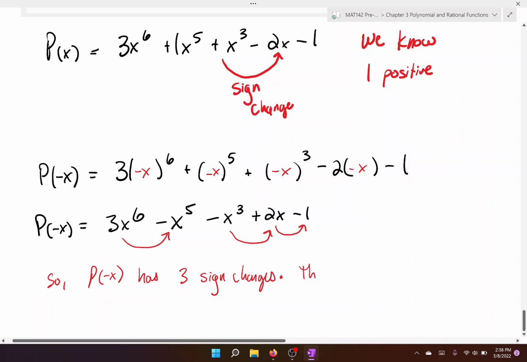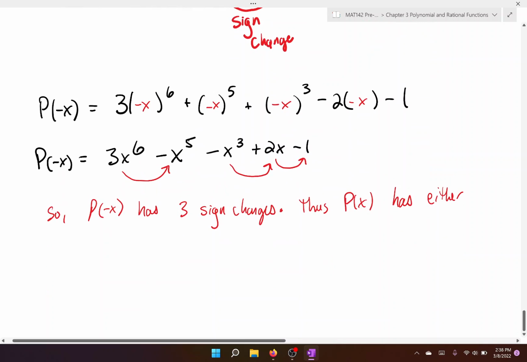All right, thus, p of x is going to have the following. So it has either 3 negative roots or zeros, or 1 negative zero. All right.